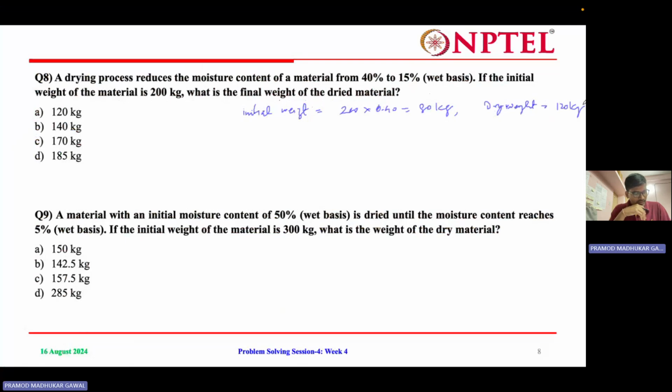Now the final weight of the material is equal to the dry weight plus the remaining moisture.